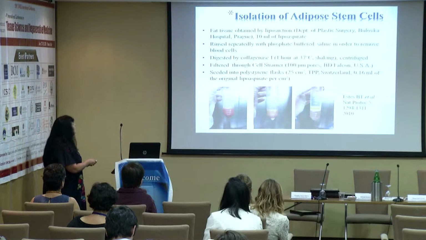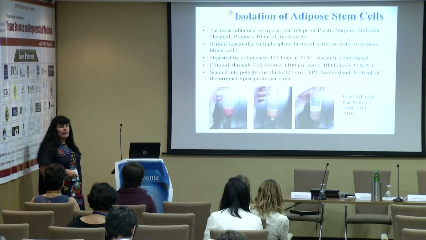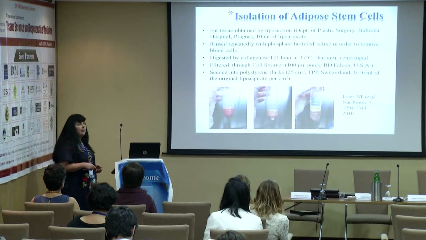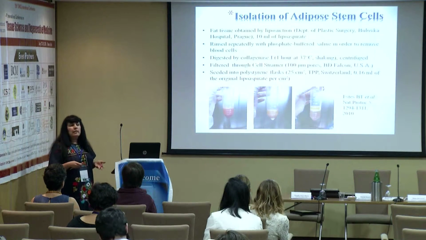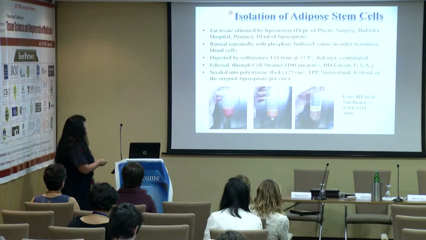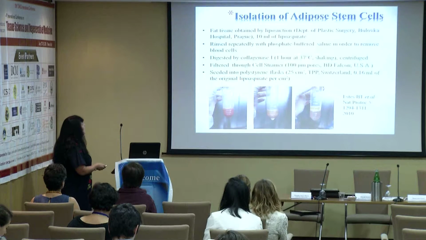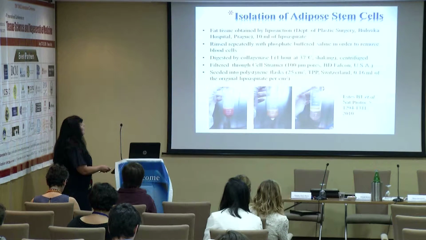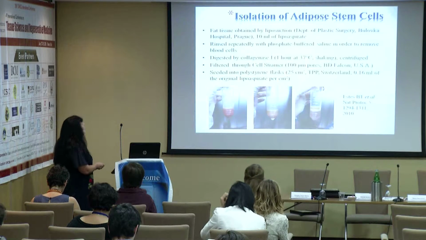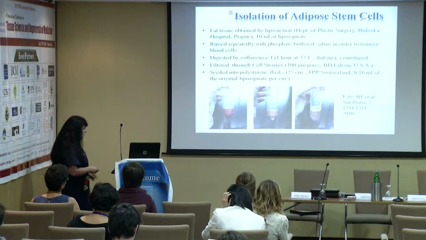Then we digested the tissue with collagenase, and you can see here stem cells after repeat centrifugation, and finally we filtered the cells through a cell strainer, and we seeded the cells in the quantity of 0.16 milliliters of original lipoaspirate per square centimeter.